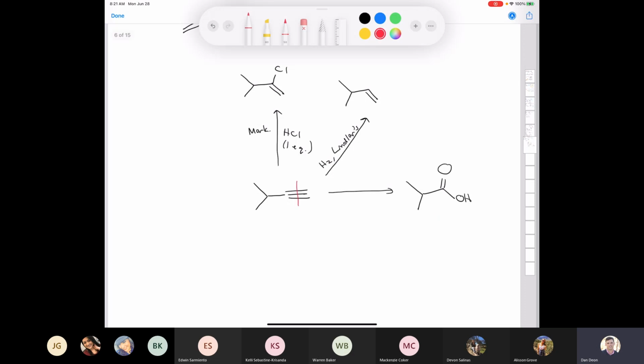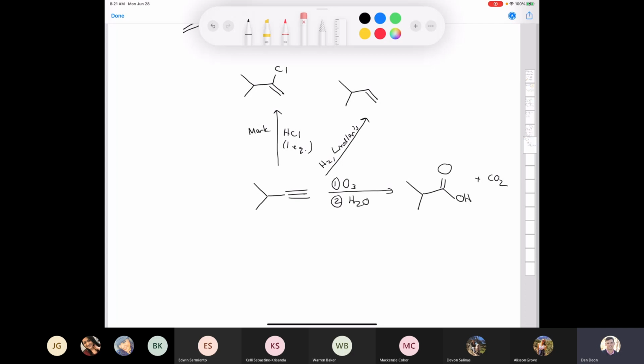So you would treat this with ozone, right? This is an ozonolysis, or an oxidative cleavage, as the book calls it a lot of times, followed by treatment with water. So not only would you get the carboxylic acid, you would also produce CO2. Since it's a terminal alkyne, you end up with CO2, but that's how you would do this one, okay?